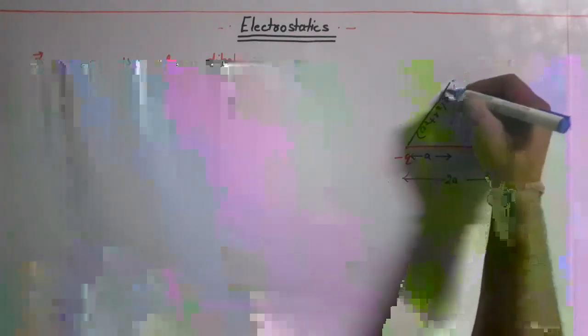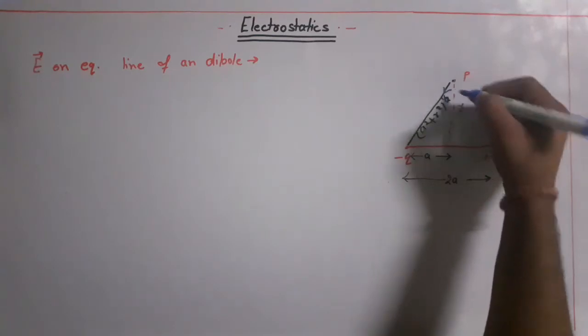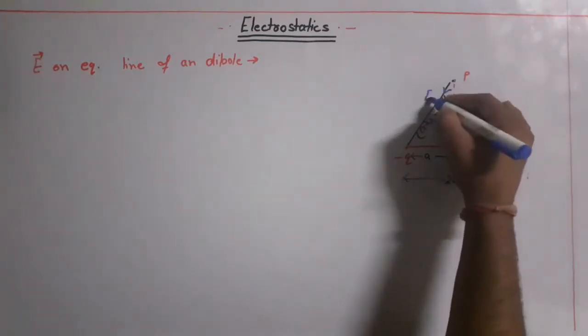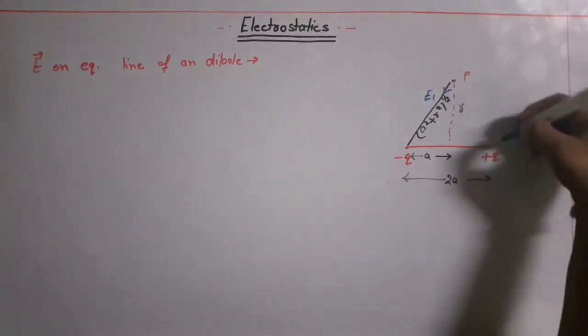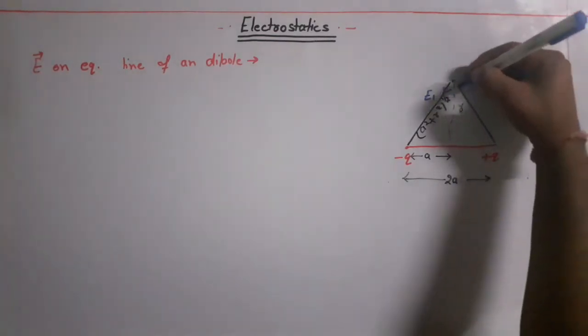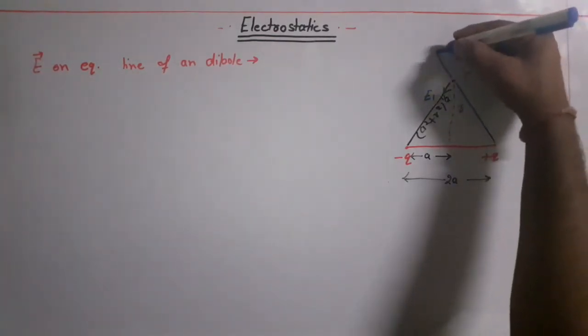Now let's draw the directions of the fields. This minus q will apply a force of attraction on this charge, and the direction will be in that direction. This one is E1. Similarly, the force due to this plus q on this test charge will be in that direction. Let's call it E2.